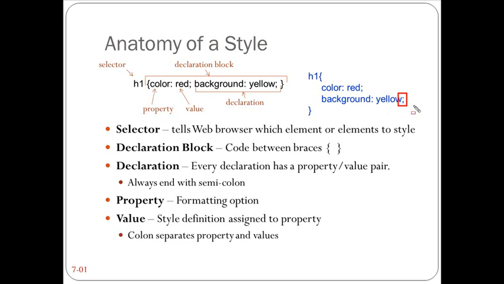The reason for that is that there are times when you'll have a couple in here, you won't have that semicolon, then you'll go back and say, well, I want to change this too. So you'll add another property and value, and you'll forget to put the semicolon in. And then if you don't notice that, which is hard to notice when it's missing, you don't know why your page isn't working the way it should. So let's end every property and value pair with a semicolon.